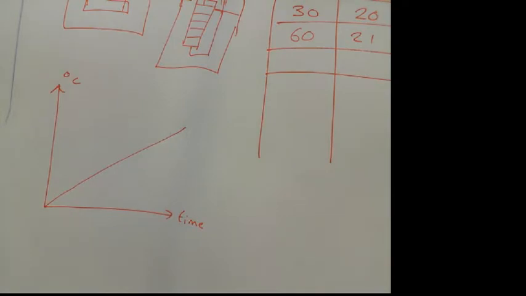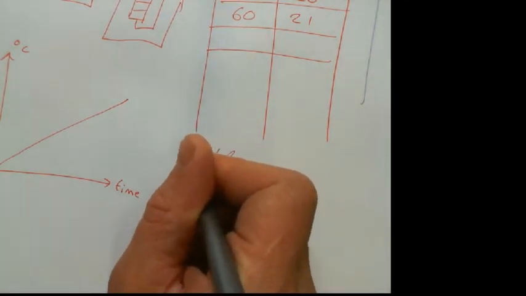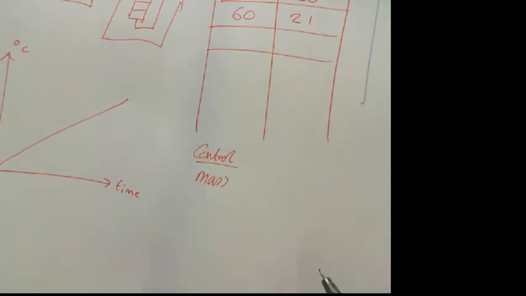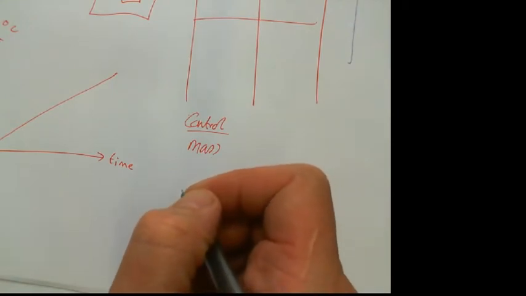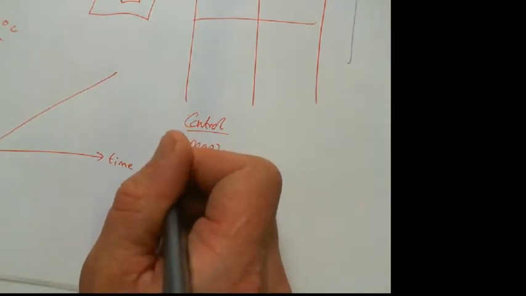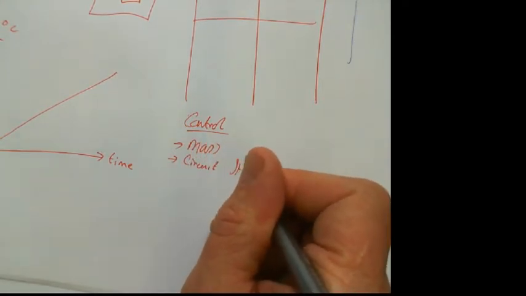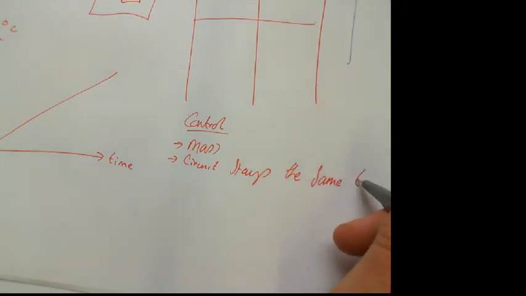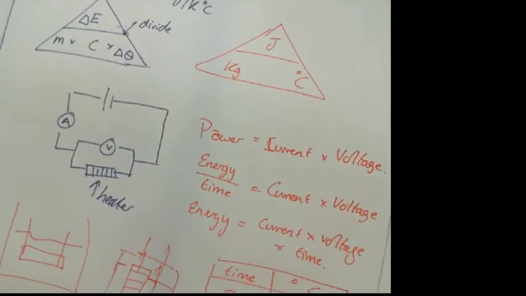Okay. Now, your control variables, things that you really need to control: you need to make sure that it's the same amount of mass. You need to make sure that the circuit stays the same temperature. So I'm not talking about the block being the same temperature, I'm talking about the circuit being the same temperature.